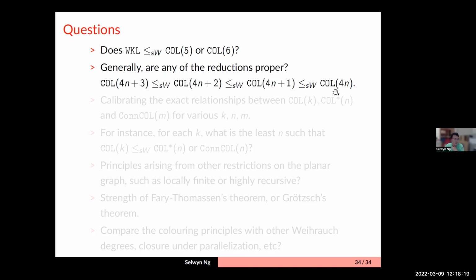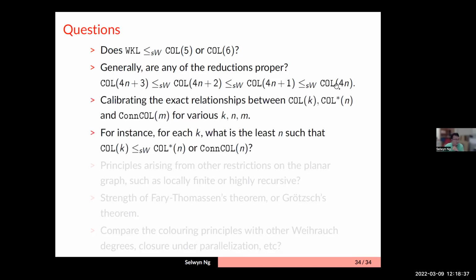And generally, what happens in between every 4 levels, we don't know the relationship between consecutive parameter values. But we do know that every 4 levels you have non-collapsing. And also the exact relationships between the different versions.